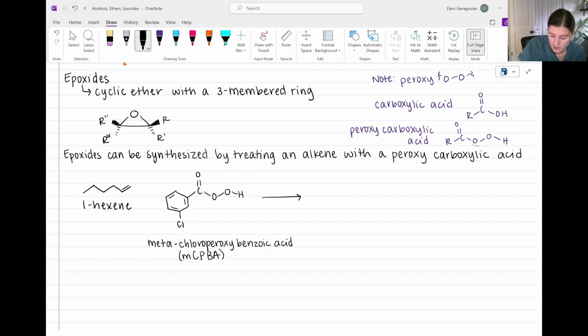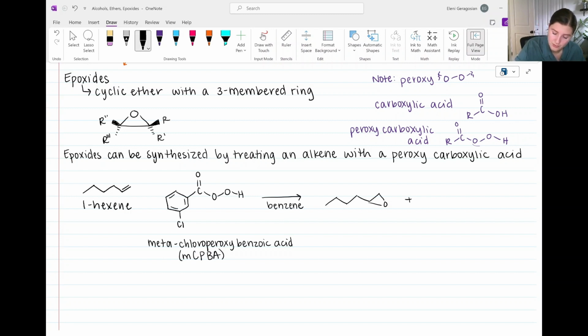This is often done in the solvent of benzene. You may see other solvents. But as this reaction is carried through, we now have where the double bond was in 1-hexene is now an epoxide group, so that 3-membered ring with the oxygen, that ether.